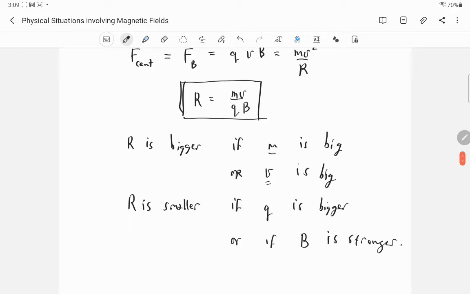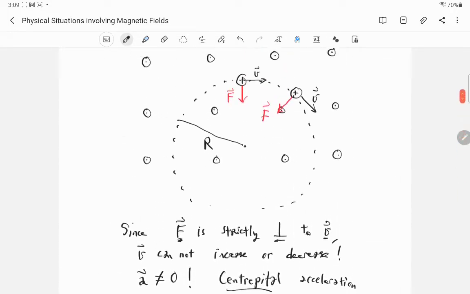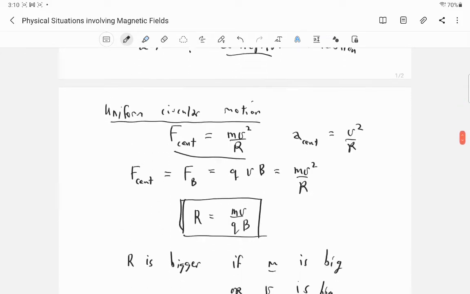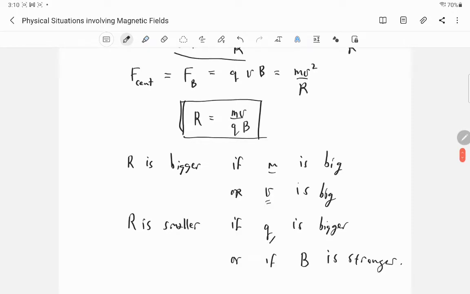A strong magnetic field is going to have a very large effect on a moving electric charge. That is, it's going to wind it up into a really tight circle, a small circle. Likewise, if there is more electric charge, a larger electric charge is going to feel a larger magnetic force. So you get a tighter circle, a smaller circle.